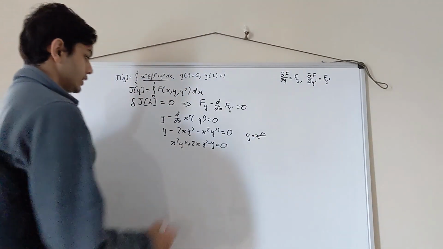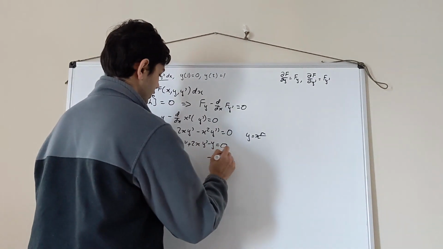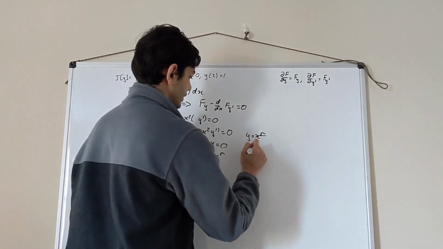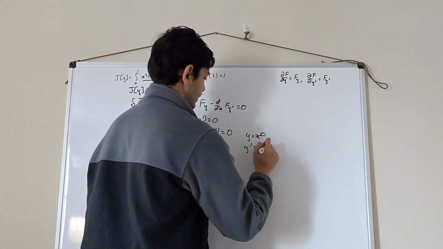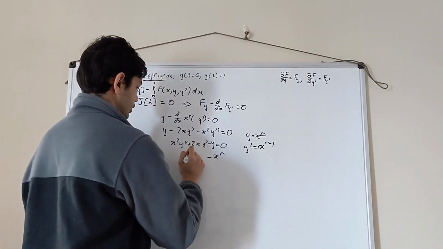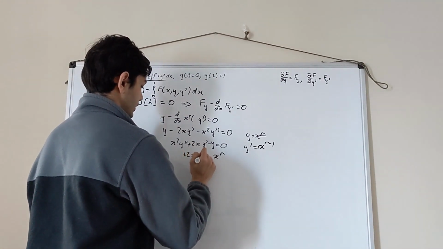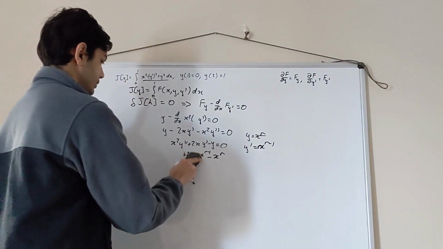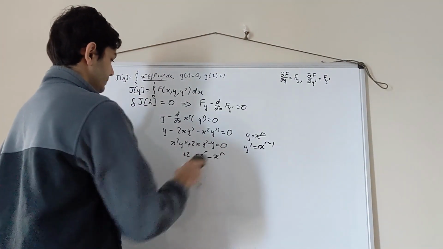So if we plug that in, y is just x to the r. And then for 2x y prime, y prime is equal to r x to the r minus 1, so this will be 2x r x to the r minus 1. But x times x to the r minus 1 would just be x to the r.